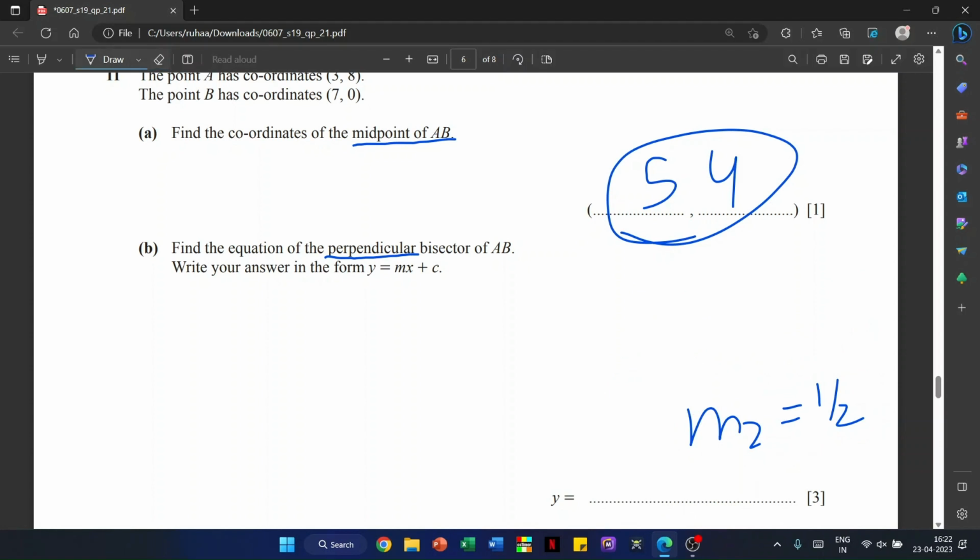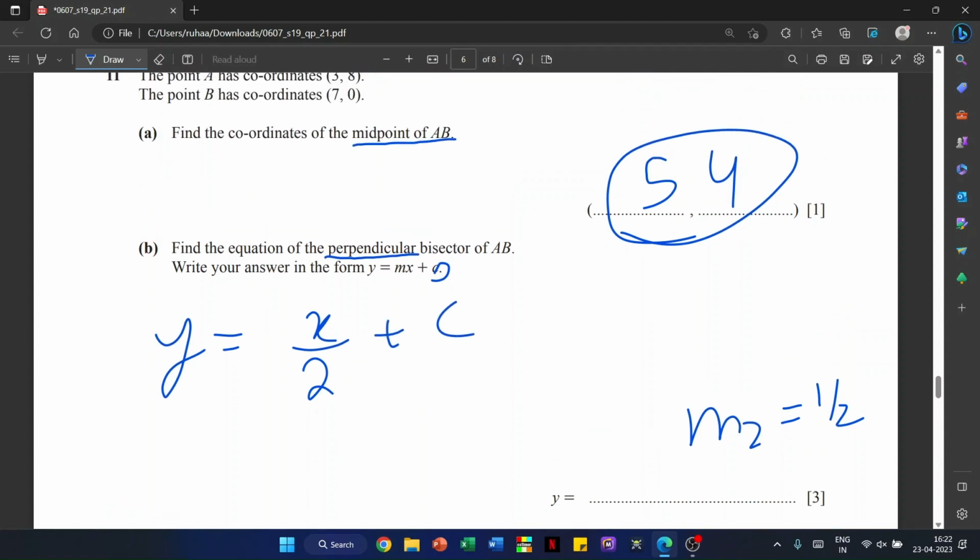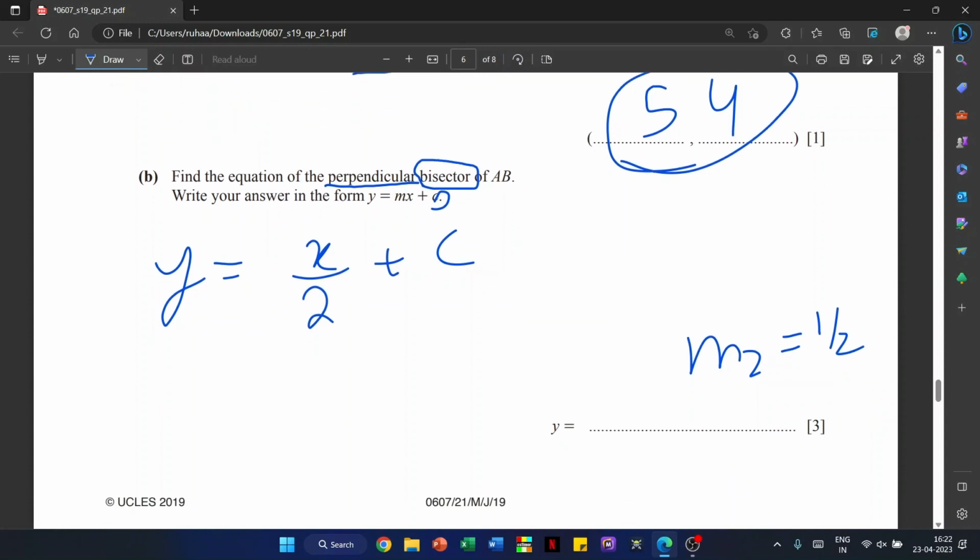Now, next thing is finding the value of C. So far we have y is equal to x by 2, which is nothing but half x, plus C. So one point that we know it has to pass through, because it's a bisector, is the midpoint, as it has to pass through and divide the line AB into equal sections. So we just take this point 5, comma 4.